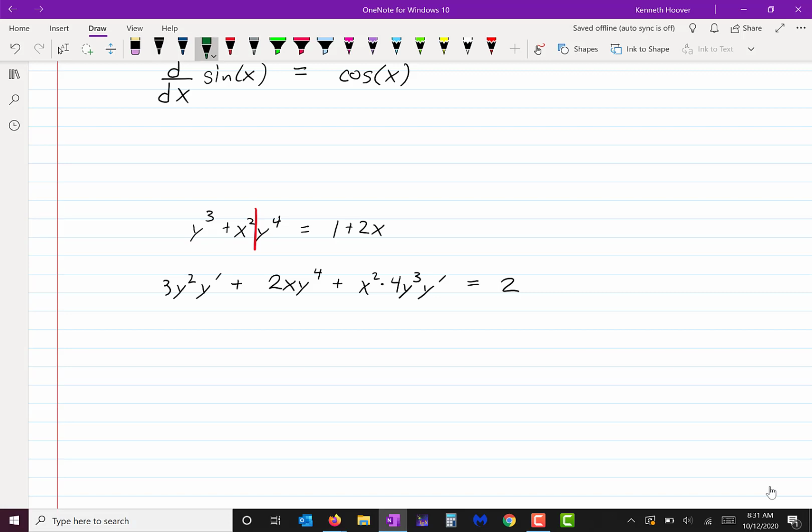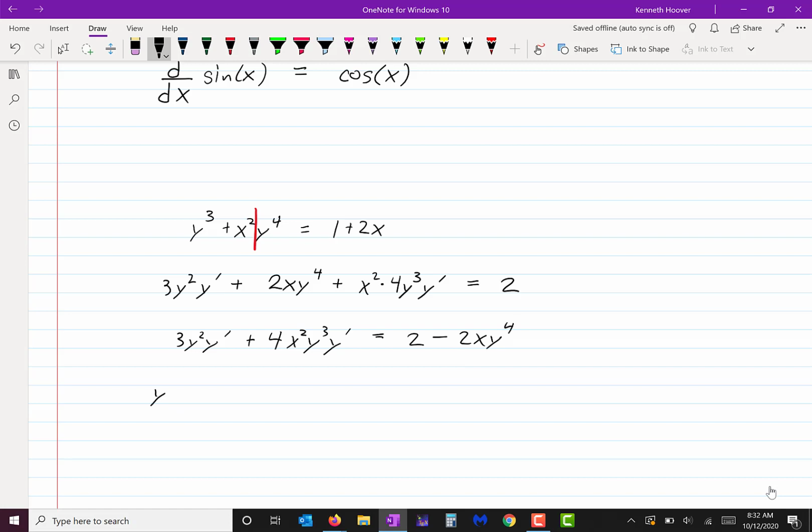So how about if we move this to the other side? We'll get 3y squared y prime plus, and then that last part I'm going to just move the 4 in front. So 4x squared y cubed y prime would now be equaling 2 minus 2xy to the 4th.